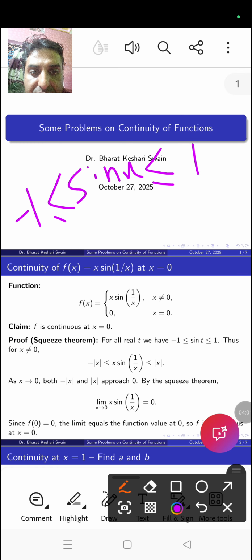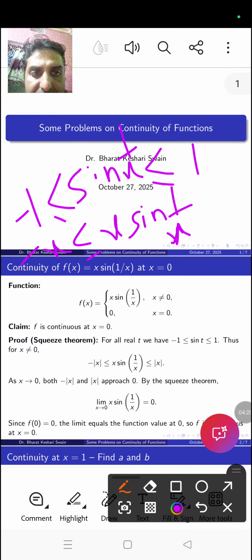Okay, so now since we have sin(1/x), sin(1/x) is in between -1 and 1 always. So multiply by x throughout the inequality. So it will be -x less than or equal to x sin(1/x) less than or equal to x. Is it not? So now take the limit as x tends to 0.